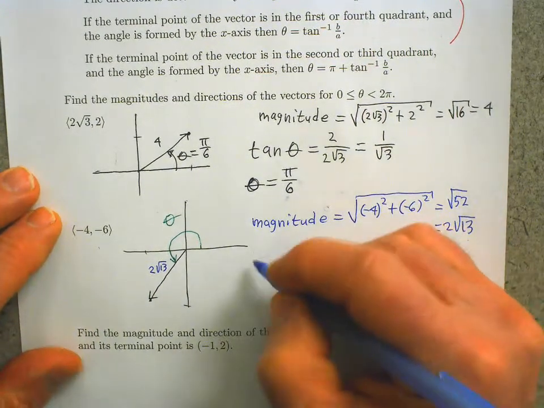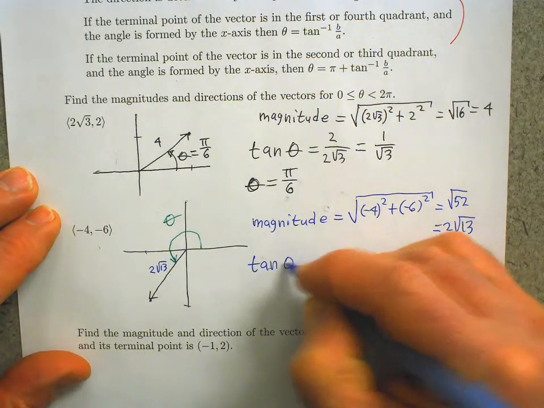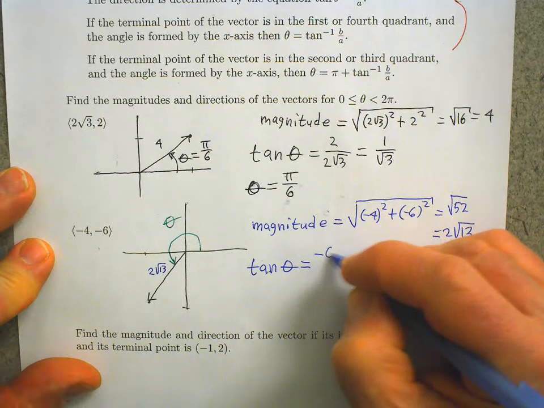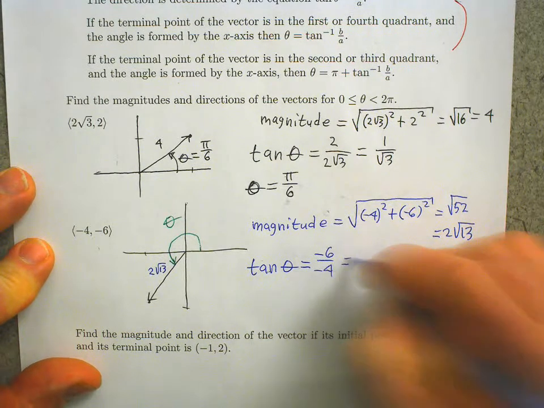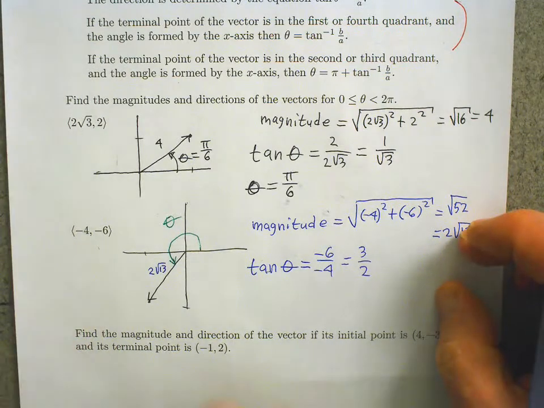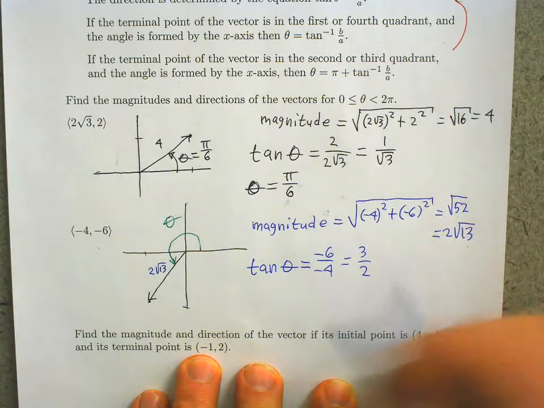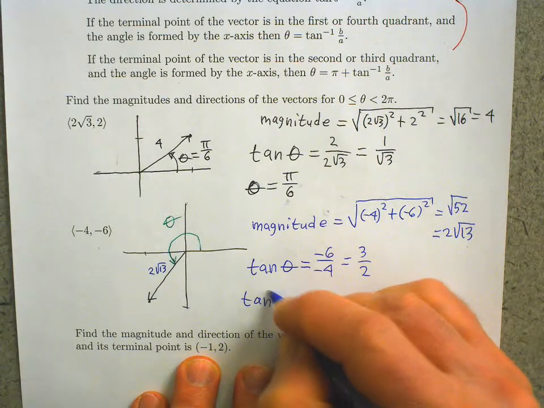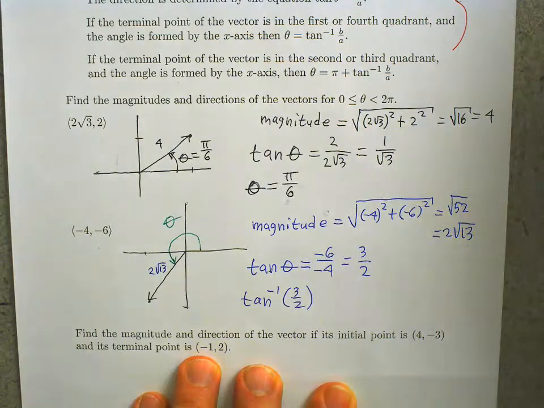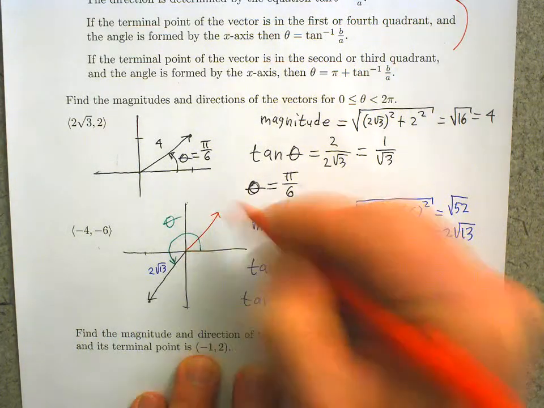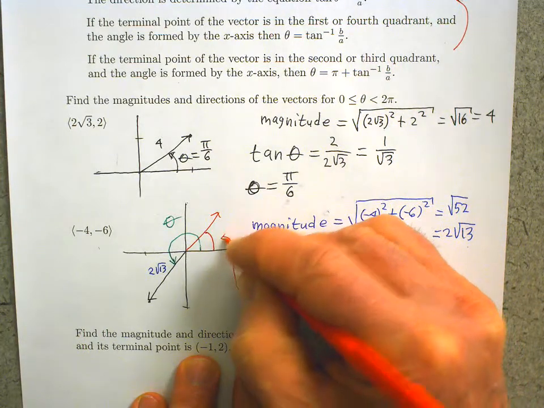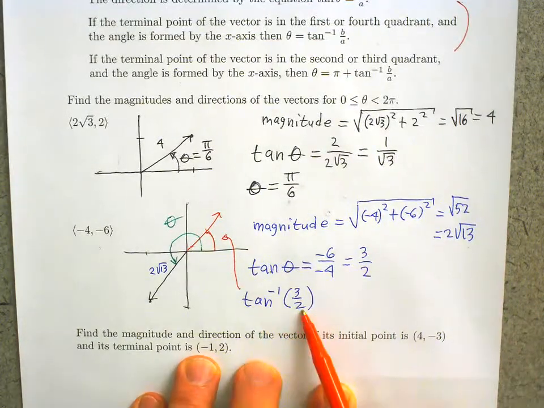Tangent of theta is equal to -6 over -4, or positive 3/2. So the inverse tangent of 3/2 is in the first quadrant, so this angle right here is the inverse tangent of 3/2.